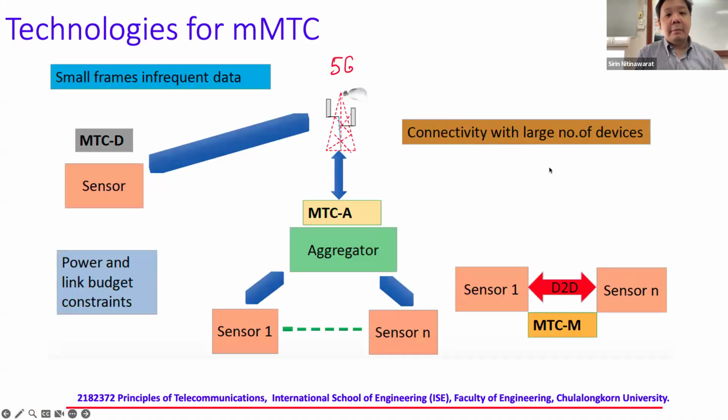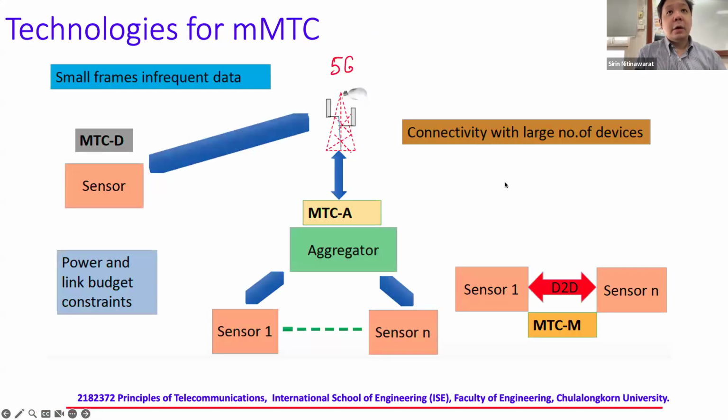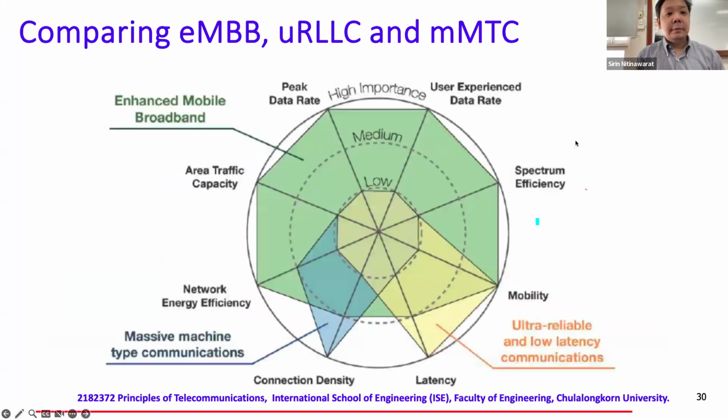Some sensors may be communicating directly, further saving battery life and also offloading from the network, allowing other devices also to use the 5G network. And as a consequence, the entire network can support more and more devices.